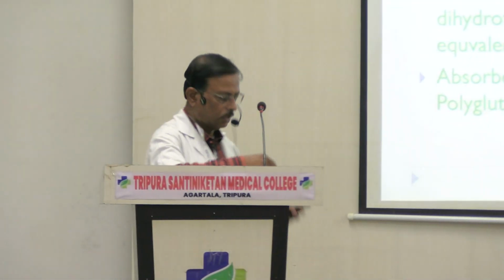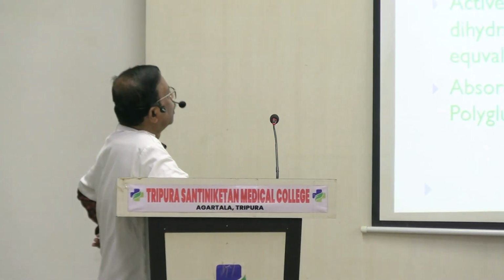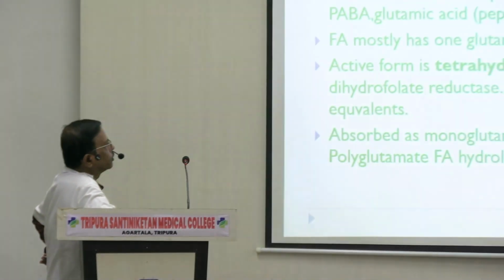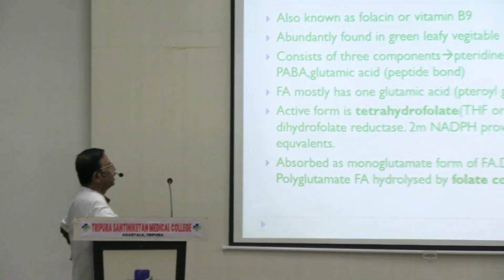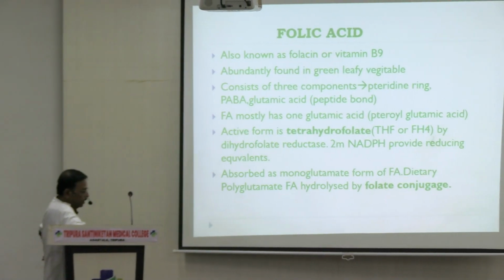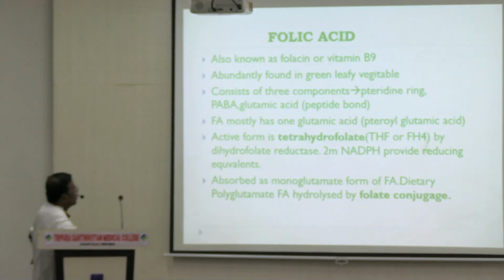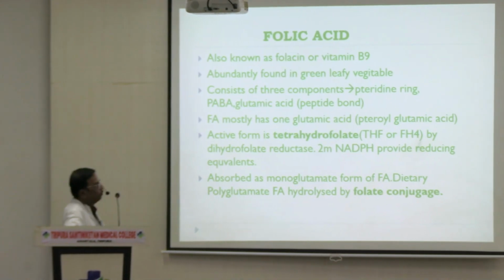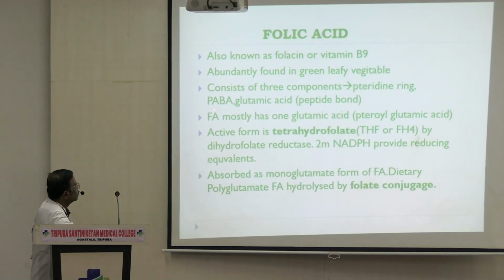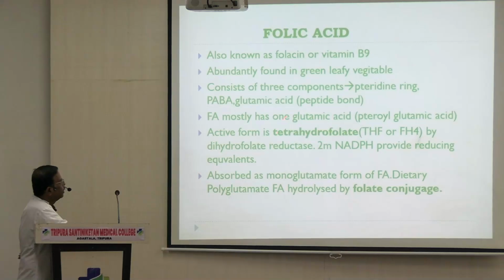It is required for RBC maturation. Known as folacin also and vitamin B9 also, abundantly present in green leafy vegetables. It consists of three components: pteridine ring, para-aminobenzoic acid and glutamic acid. Glutamic acid is attached with para-aminobenzoic acid by peptide bond.